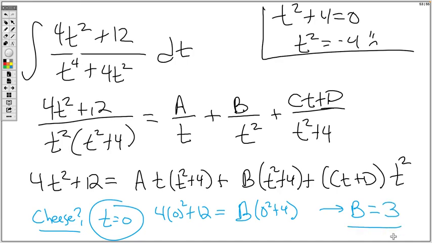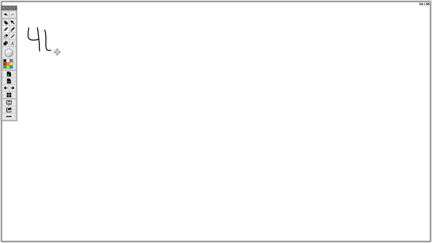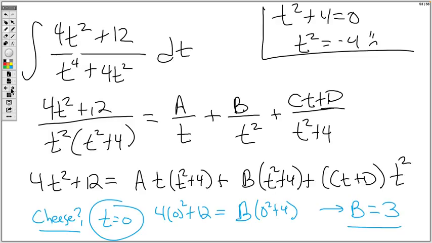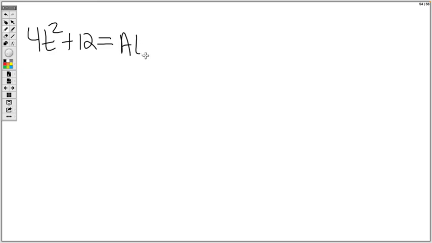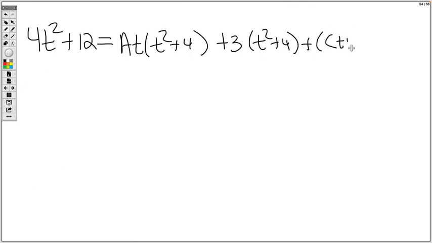And for the other ones, we're just going to have to go through and match up the coefficients. Now, since there are so many coefficients left to find, let's just go ahead and multiply out the right-hand side and gather all the things together that go together.